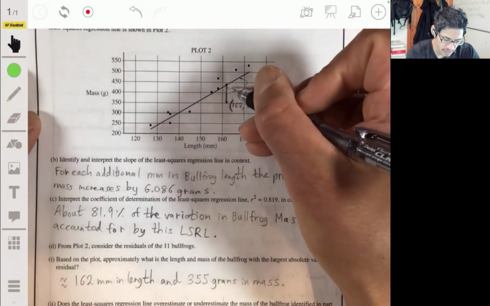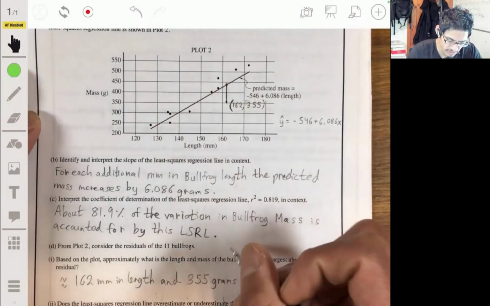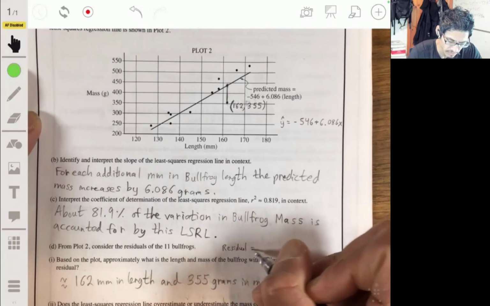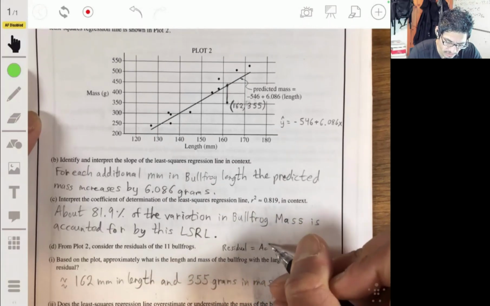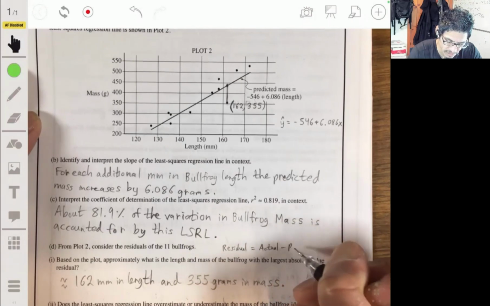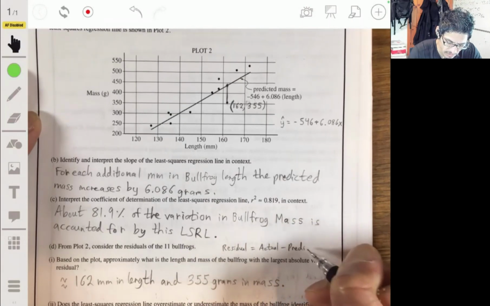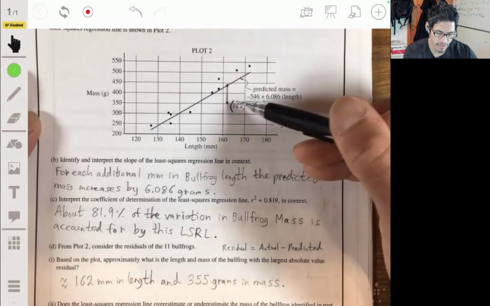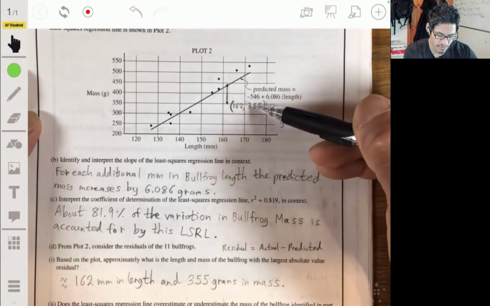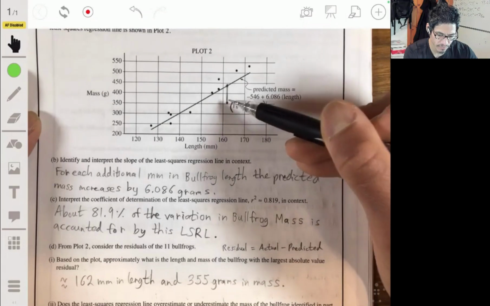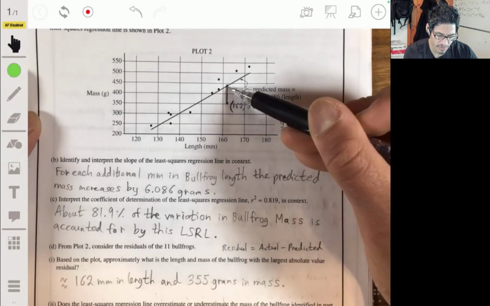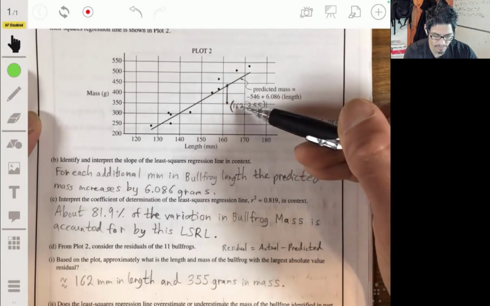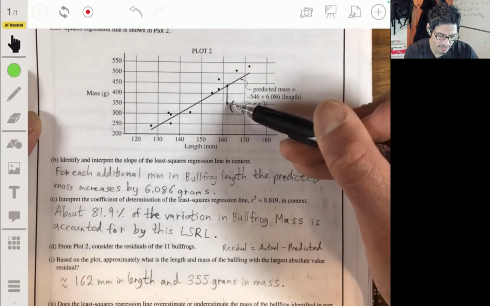So the residual, maybe I should write it over here, is the actual value minus the predicted. The actual value is about 355. The predicted value, we can find by plugging in the x value of this point, which I estimate to be about 162.